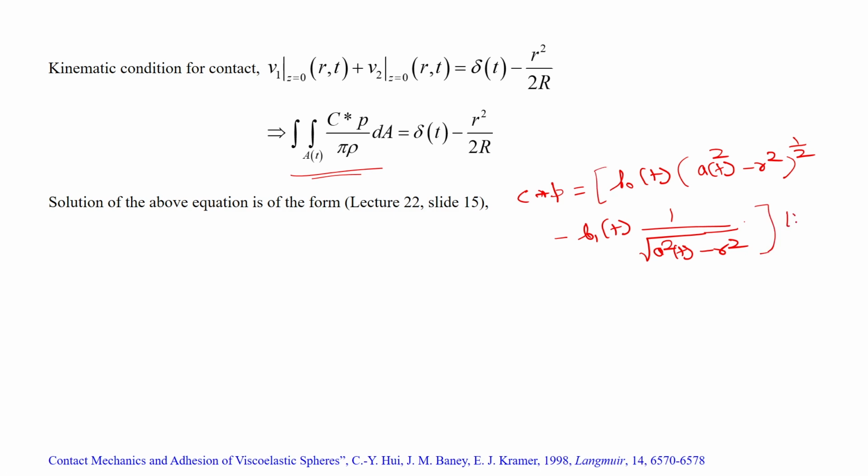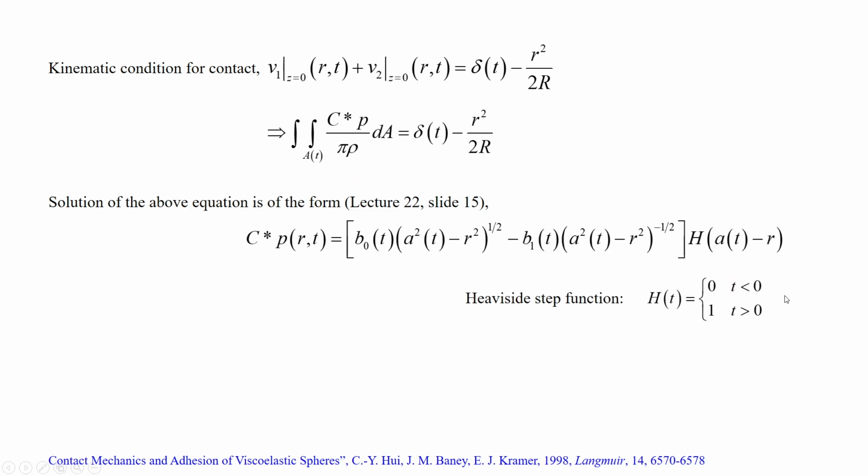So, we use something called the Heaviside function within the area of contact only. Let us say that this is given as A of T minus r, in the sense that this is applicable. This is the Heaviside function. As long as this quantity is greater than 0, it is equal to 1, otherwise it is 0.